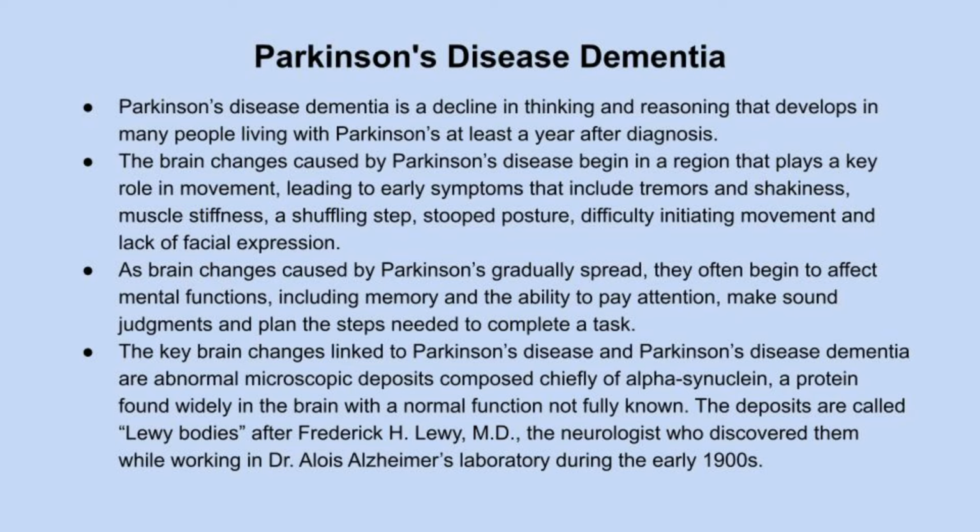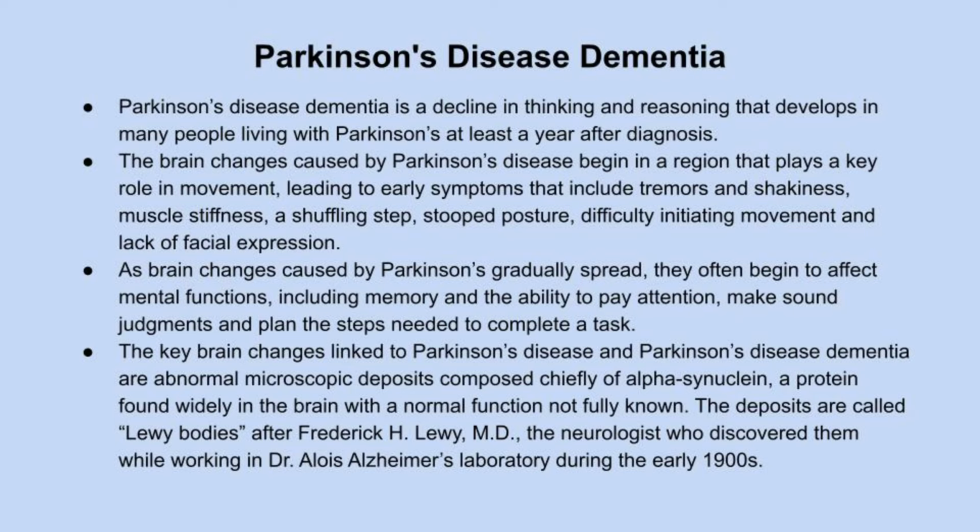The brain changes caused by Parkinson's disease begin in a region that plays a key role in movement, leading to early symptoms that include tremors and shakiness, muscle stiffness, a shuffling step, stooped posture, difficulty initiating movement, and a lack of facial expression. As brain changes caused by Parkinson's gradually spread, they often begin to affect mental functions, including memory and the ability to pay attention, make sound judgments, and plan the steps needed to complete a task.